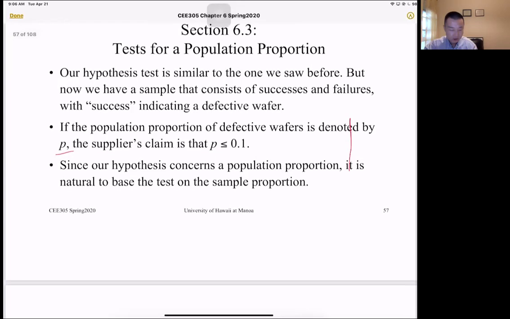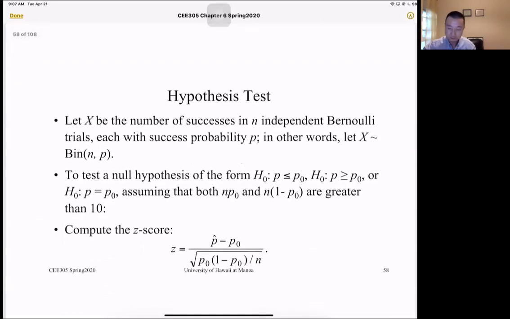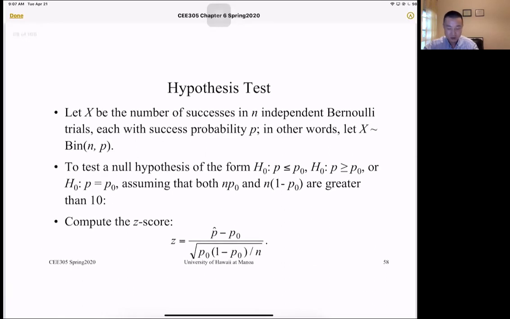So here we want to check if the population proportion is actually more than 0.1, and we get a sample proportion which is 12.5%. So the setup is like this.